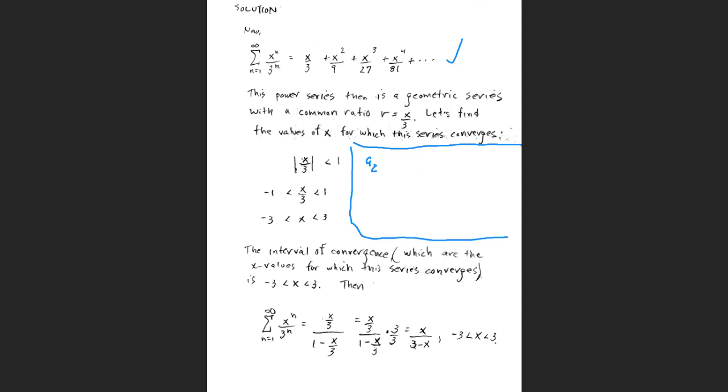But if you take the second term divided by the first term, the second term is x squared over 9, and we're dividing that by x over 3. So this gives us x squared over 9 times 3 over x. Hey, there's x over 3, the common ratio.